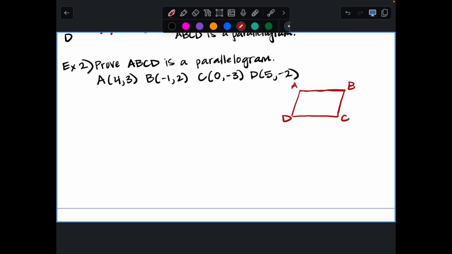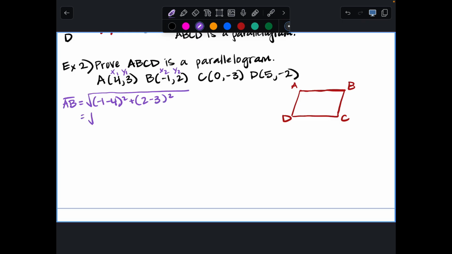Okay, so we're using method 3, so let's start with the distance formula. Let's calculate the distance of AB first. Okay, so this is our x1, y1, x2, y2. -1 minus 4 squared plus 2 minus 3 squared.